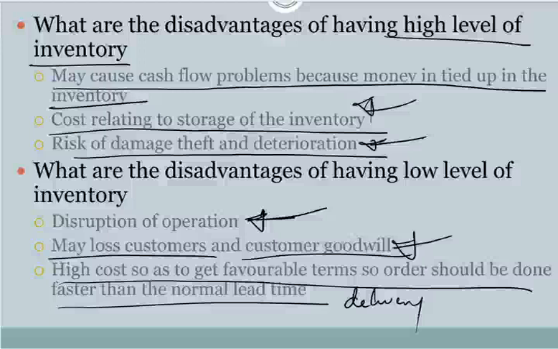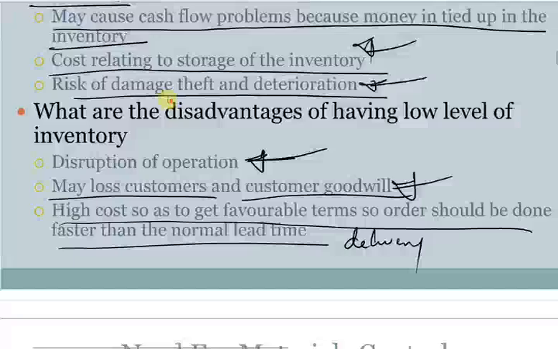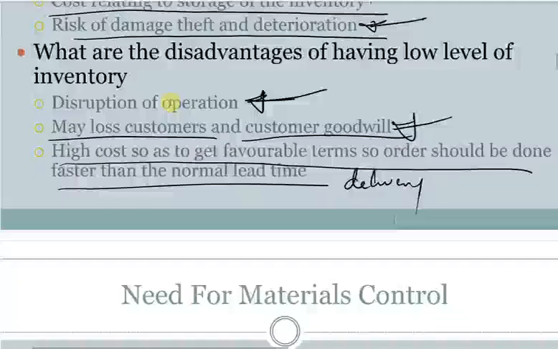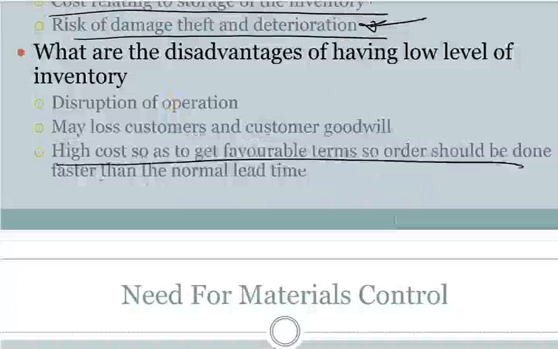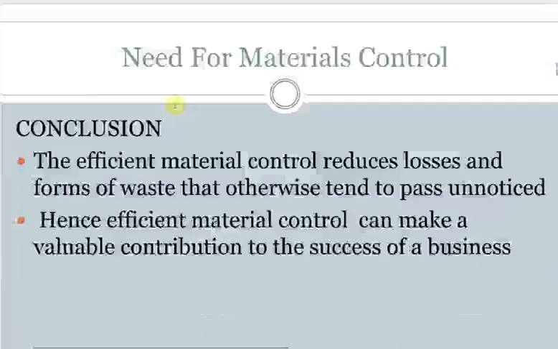Because of that, it is a disadvantage. We will pay more than we actually had to, because we are asking for more favorable terms than what the supplier ordinarily does for us. So you have to have an incentive for him to give you that favor. So those are the disadvantages of having low inventory.